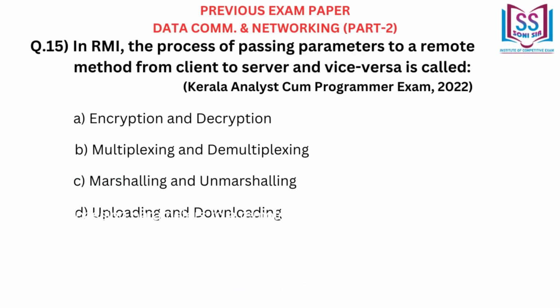In RMI, the process of passing parameters to a remote method from client to server and vice versa is called: A. Encryption and decryption. B. Multiplexing and demultiplexing. C. Marshalling and unmarshalling. D. Uploading and downloading.